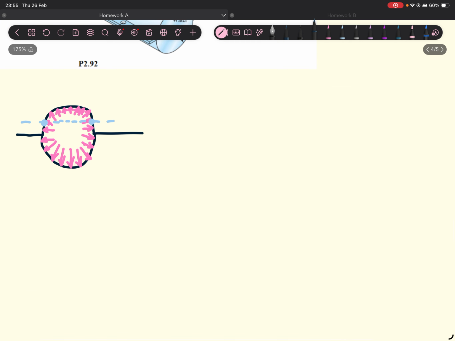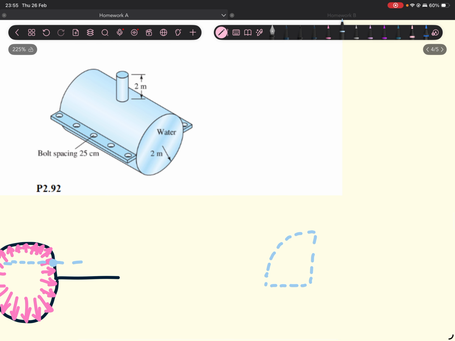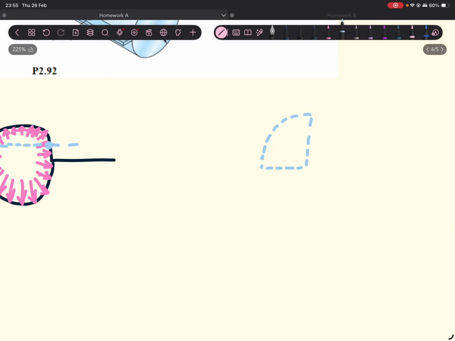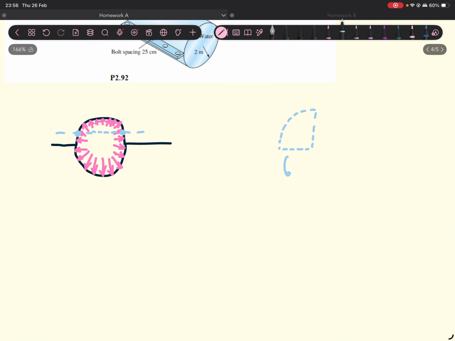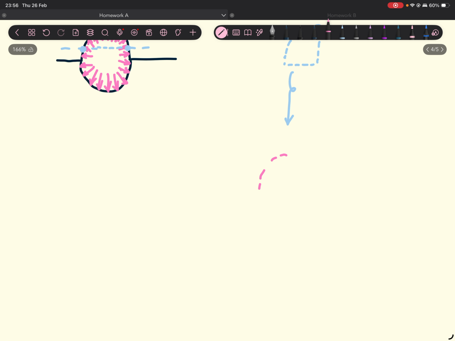Okay, so to represent that, let's say that the water that's inside the tank, we're going to take a slice of it. So I can draw this in 3D, and hopefully it will make things easier to see.